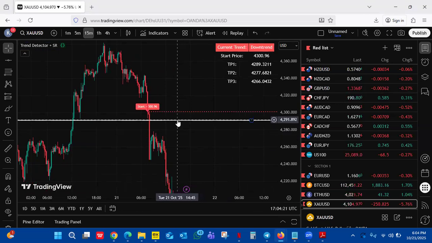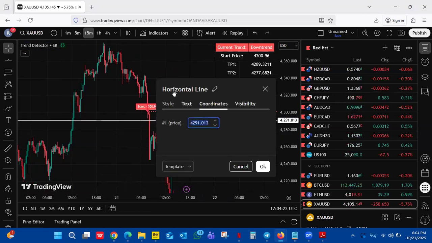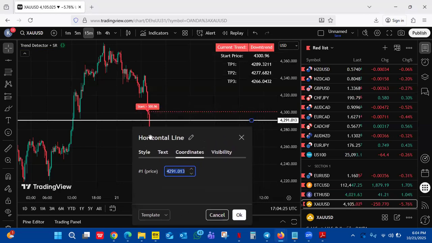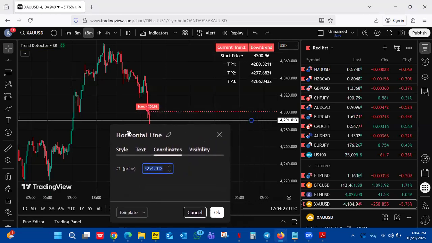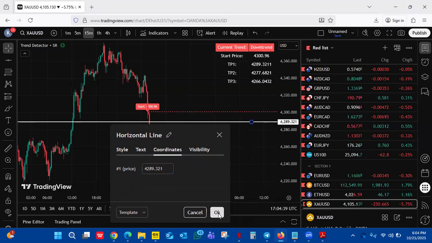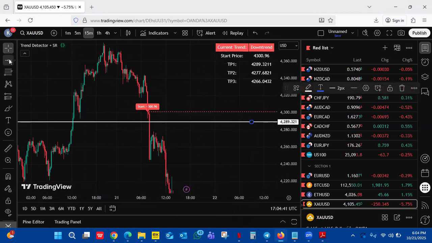Let's say for the 15 minute time frame, we're using 4289.3211 for take profit 1.